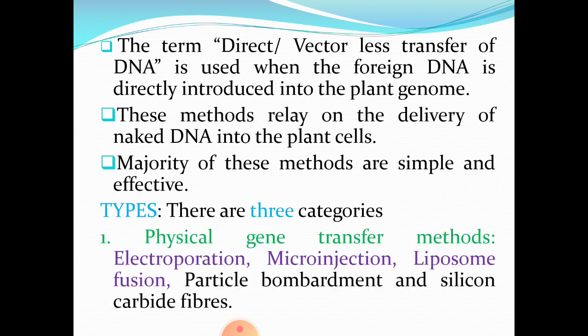Okay. Now, number one, physical gene transfer methods. Under this, we study electroporation, microinjection, liposome fusion, particle bombardment, and silicon carbide fibers. So there are 5 methods under the physical gene transfer category.